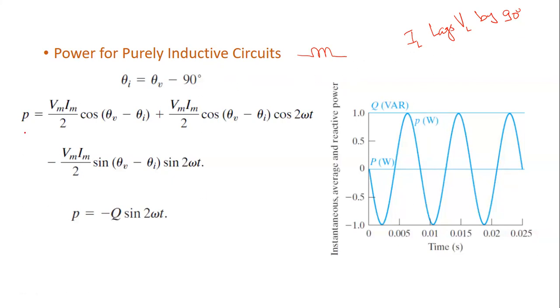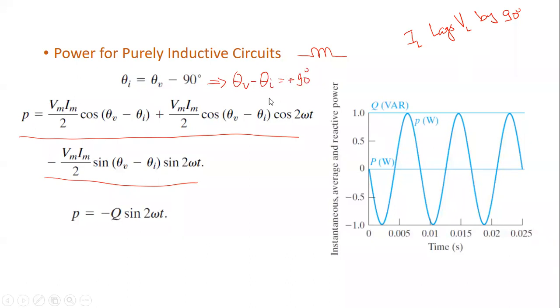Again, this is the general formula that we derived in a previous slide. Now I see that theta V minus theta I will be equal to plus 90 degrees. So I can replace it here with 90 degrees, and cosine 90 is 0, so this first component is equal to 0.